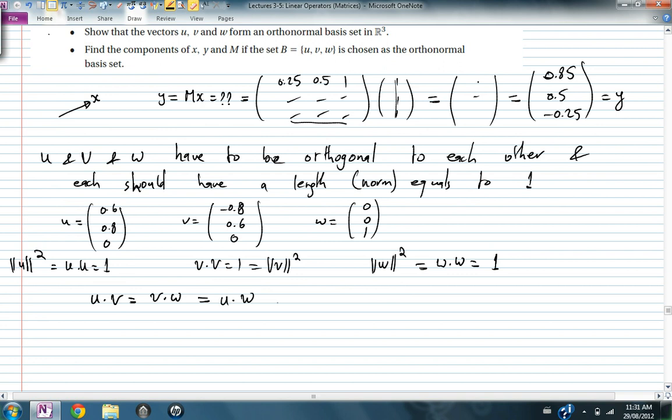You have to verify each, and they're all equal to 0. Therefore, u, v, w form an orthonormal basis set.